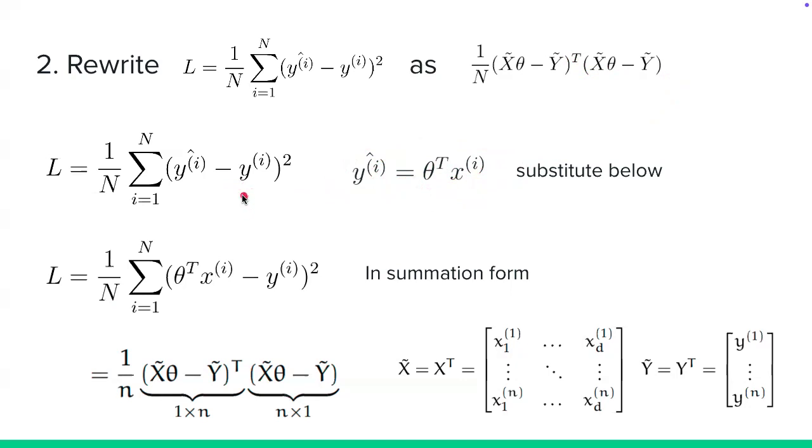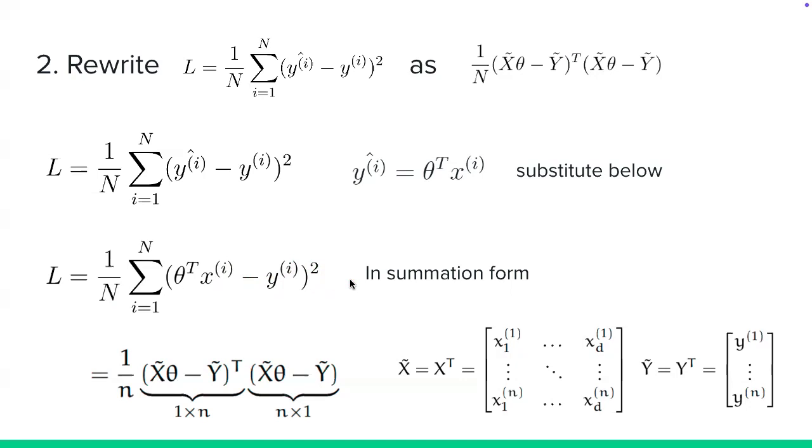So we get the loss as 1 over n, sigma i equals 1 to n, theta transpose xi minus yi, squared. This is in summation form. But now we're going to rewrite this with matrices and vectors.